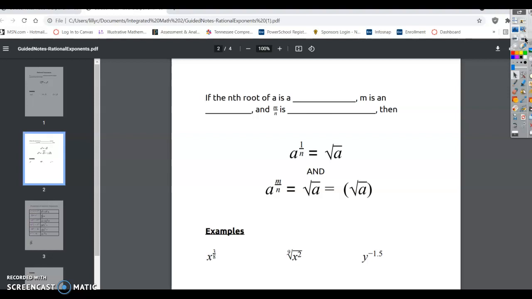All right, the nth root. The nth root of a is a real number, m is an integer.